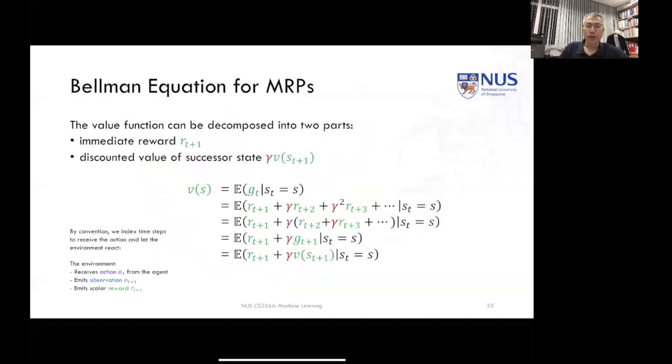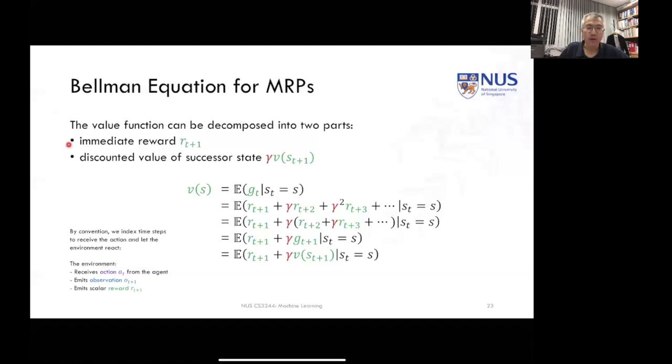Okay, so we would like to be able to calculate this without eyeballing it. And so what we're going to do is write this down as an equation, and this equation has this recursive idea embedded into it. And we're going to do this for these Markov reward processes, okay? So we're going to say that the value function can be decomposed into two basic parts.